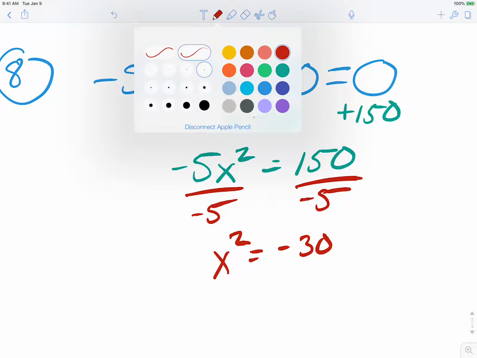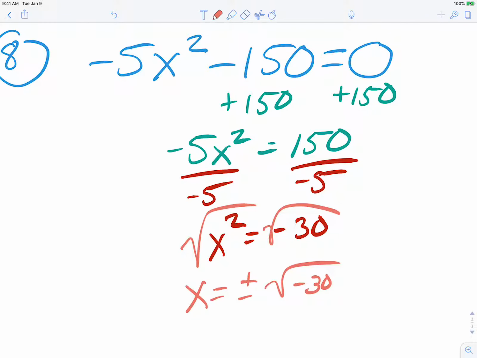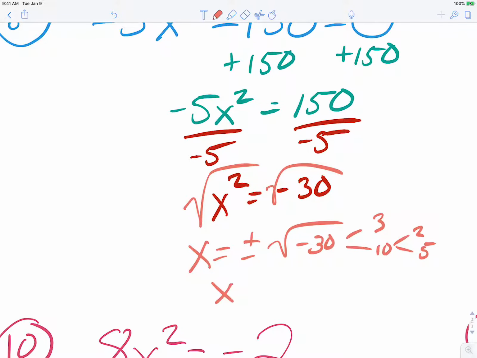If we square root both sides to get our x by itself, we're going to have the plus or minus answer of the square root of negative 30. Now 30 is 3 times 10, which is 2 times 5, and nowhere in there can we really come up with a number that we can find the square root of, so we can just leave that as the plus or minus version of i root 30. So take that square root of negative 1 outside.